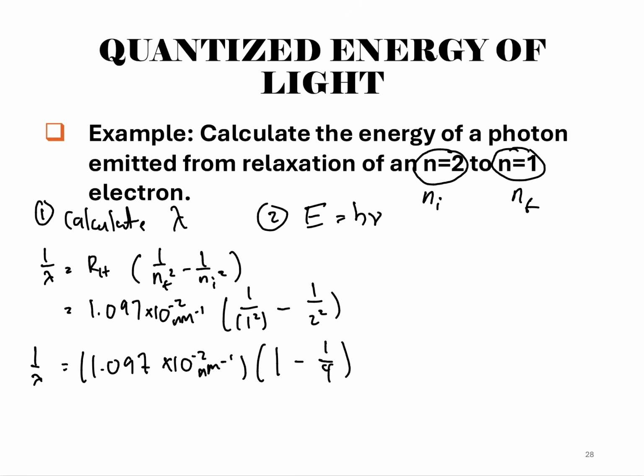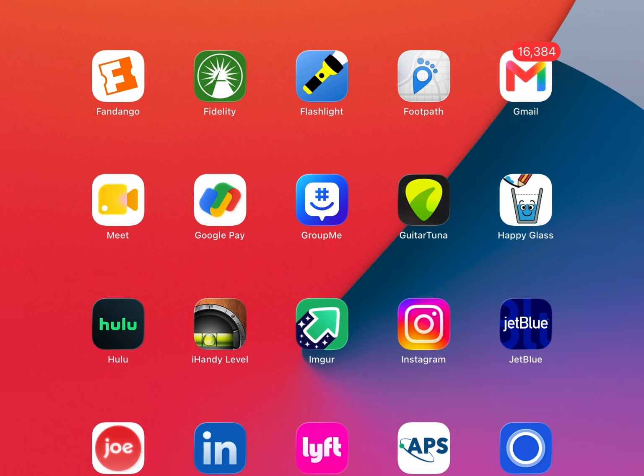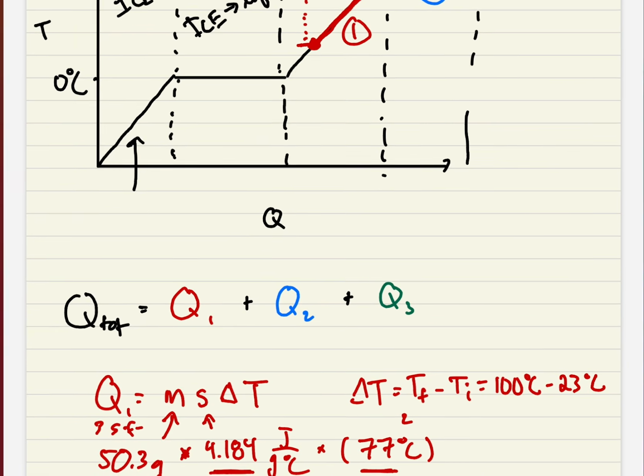So 1 over the wavelength is going to be, we plug this in our calculator, 1.097 times 10 to the minus 2 inverse nanometers, times 3 over 4, and we get, sorry, I don't know why that just got minimized.